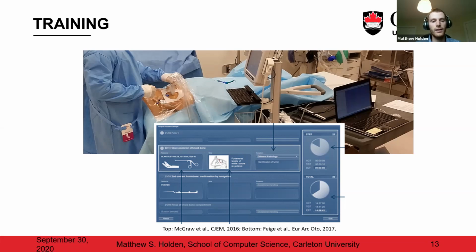We can provide automated assessment. We can, based on the data we collect, tell the trainee how well they did, and perhaps even provide some sort of targeted feedback on how to improve each particular step of the intervention. And so together we can use this to build a computer-assisted training system.